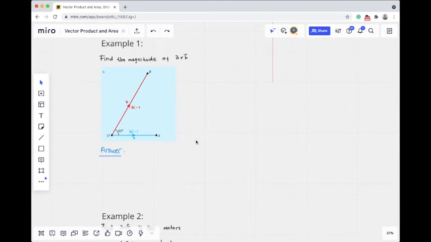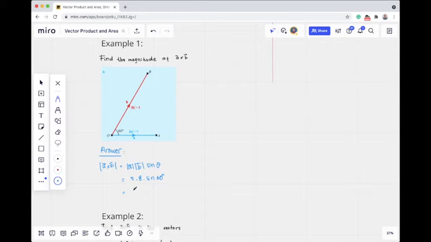We already know the magnitude of A and B, and theta is given. So the magnitude is 5 times 8 sine 60.